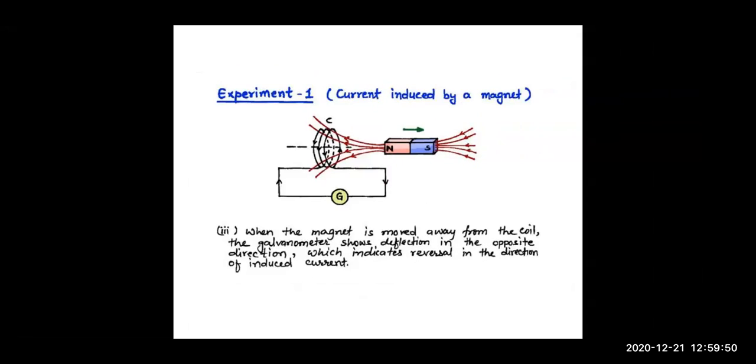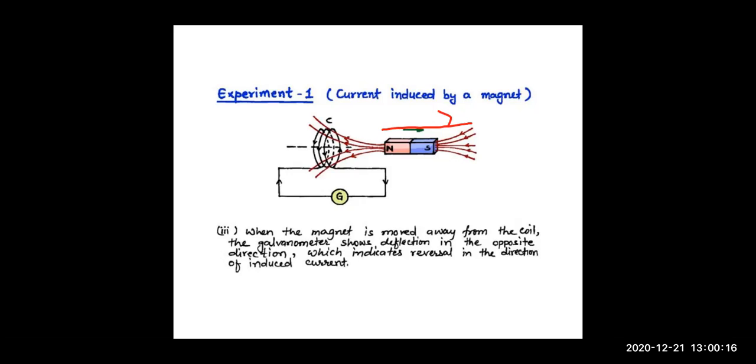Now, when we move the magnet away from the coil, again, children, the galvanometer showed deflection. But this time the deflection was in the opposite direction. So this time also current was induced in the coil, but its direction was reversed.